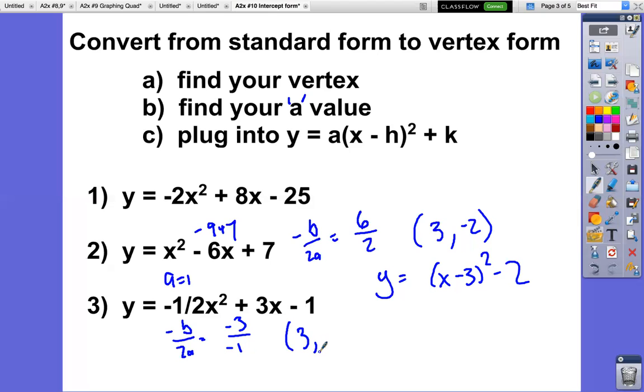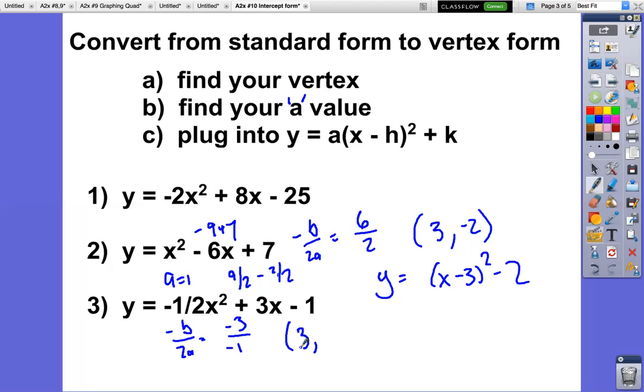People don't like to mess with fractions, and that's fine. When I plug this in, 3 squared is 9 times -1/2 is -9/2. Just keep it as -9/2. When I plug this back in, I'm going to get +9/2 minus 1, which is -2/2.